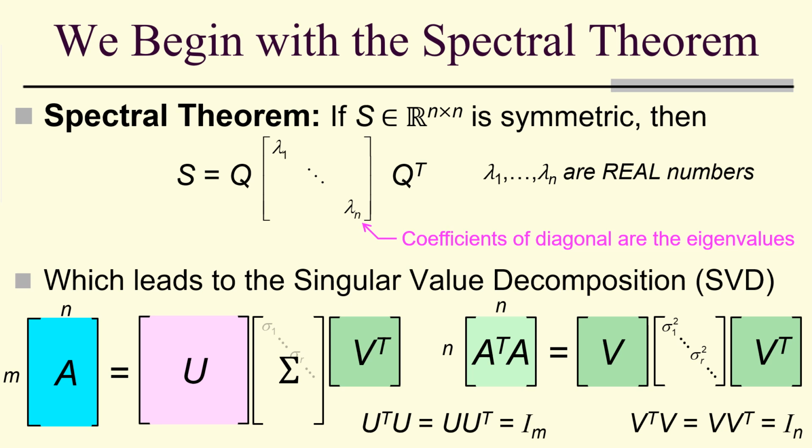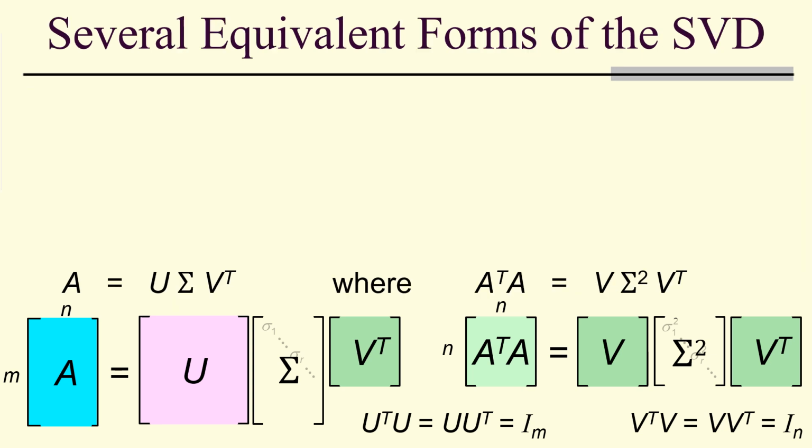We often call the diagonal of singular values capital sigma, and the square is capital sigma squared. That is, A equals U sigma V transpose, where A transpose A is V sigma squared V transpose.